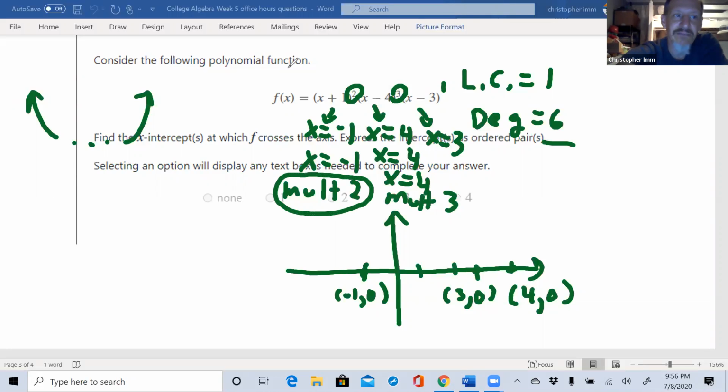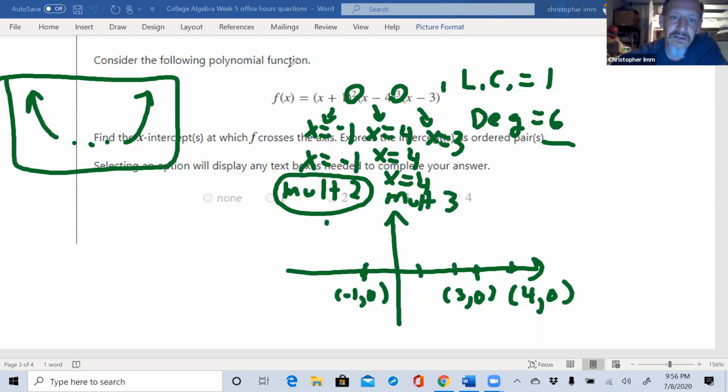So by my end behavior, I can look at the whole picture without graphing it. I know that it's going to go down here, and since it's even multiplicity, it's going to bounce off like this. And I know over at this side, it is going to go up again to infinity because of the end behavior. Okay, so that's going to bounce off like a parabola.